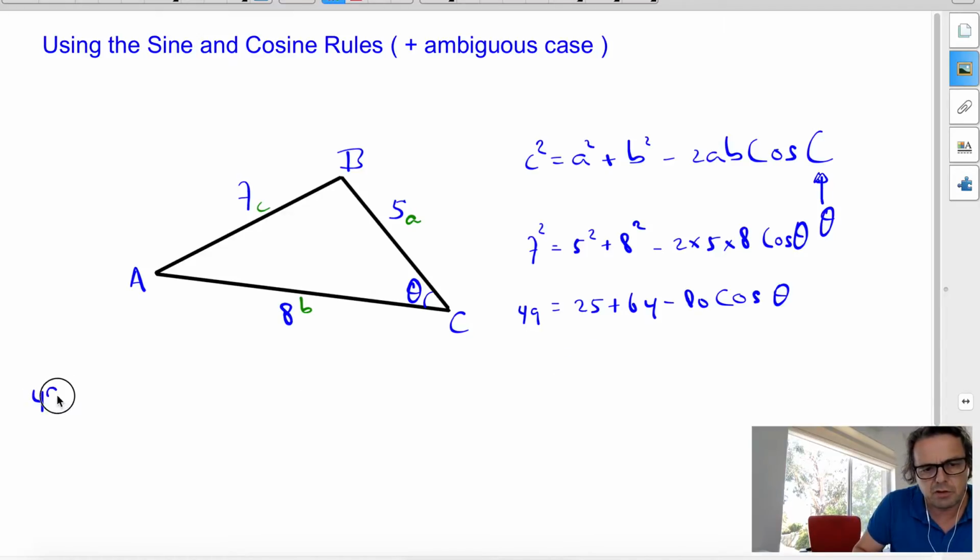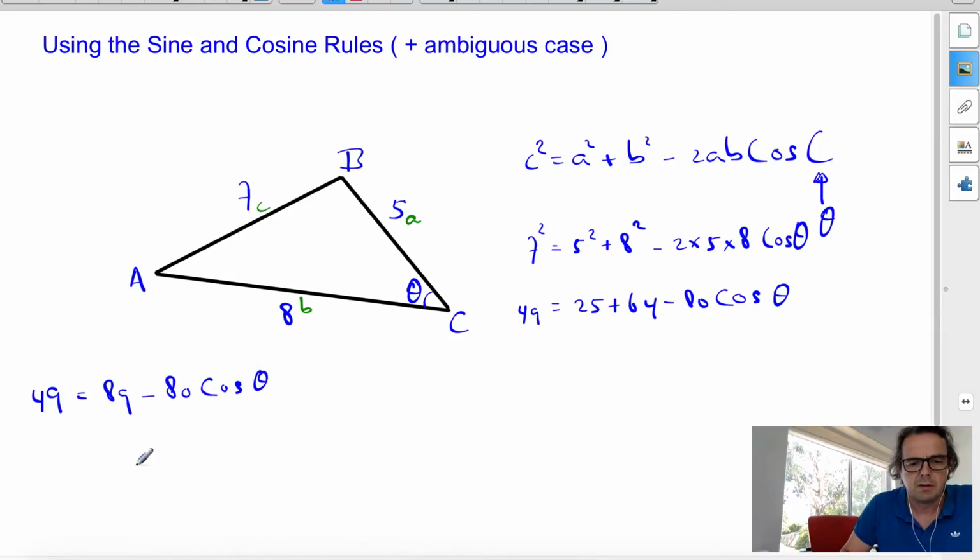I'm going to take small steps. 49 is 89, take 80 cosine theta. I'm going to move the 89 to the other side. 49, take 89, that's negative 40. Negative 40 is negative 80 cosine theta.